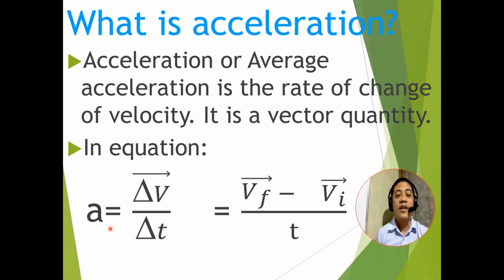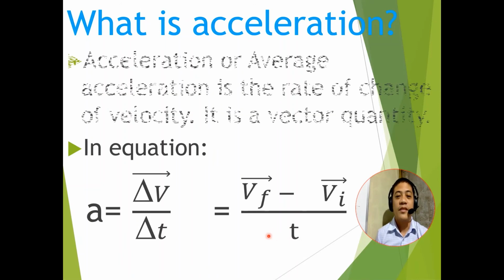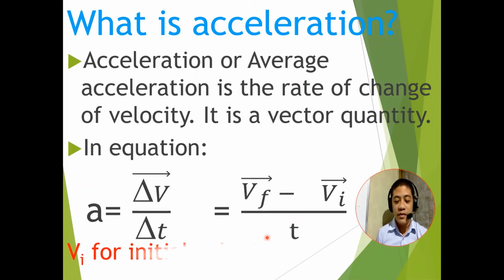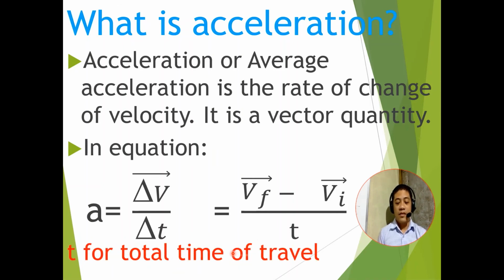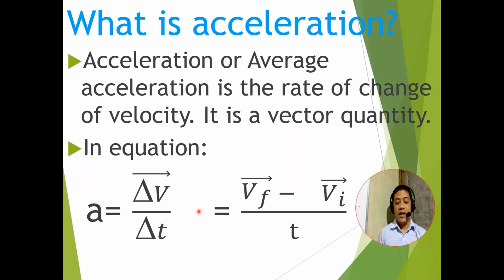In equation, a is equal to delta v over delta t, or also read as the change in velocity over the change of time, which is equal to final velocity minus the initial velocity over the total time of travel of the object. Just remember that vi stands for initial velocity, t for total time of travel, and vf stands for the final velocity.